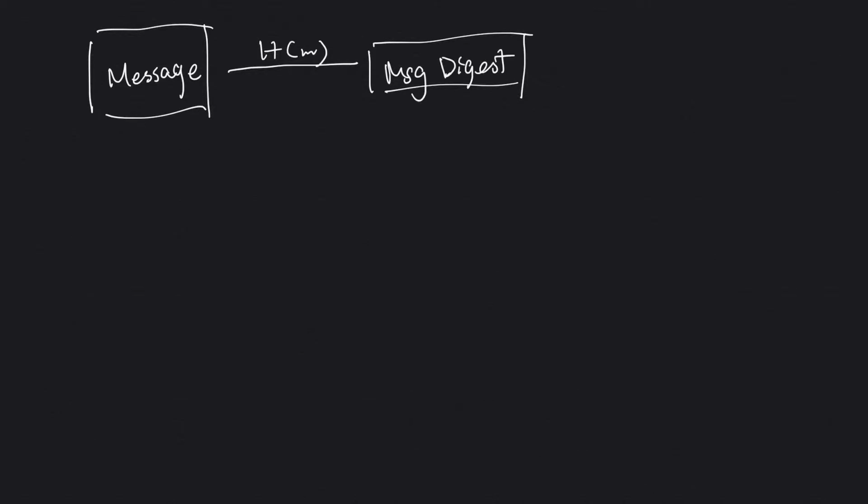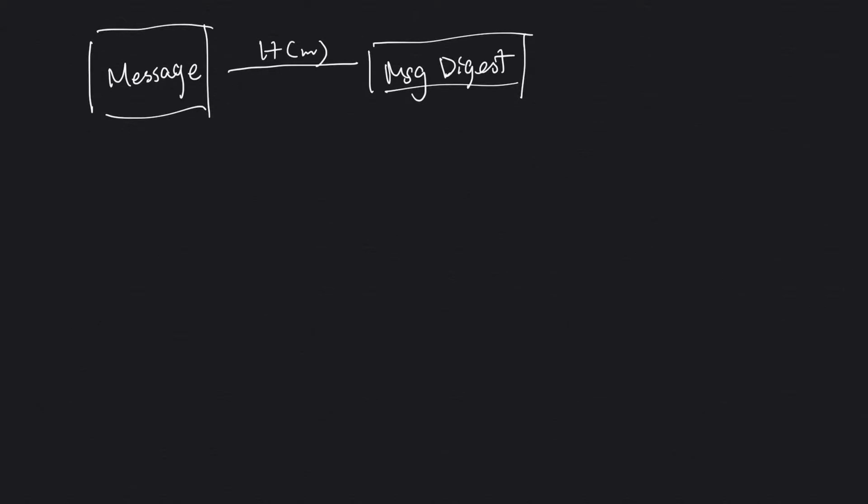We do this because we don't really want to encrypt the whole message, because the message could be very large and the encryption algorithm's performance is not that good. By doing this, we also ensure that the hash value we talked about earlier can verify the integrity of the message.